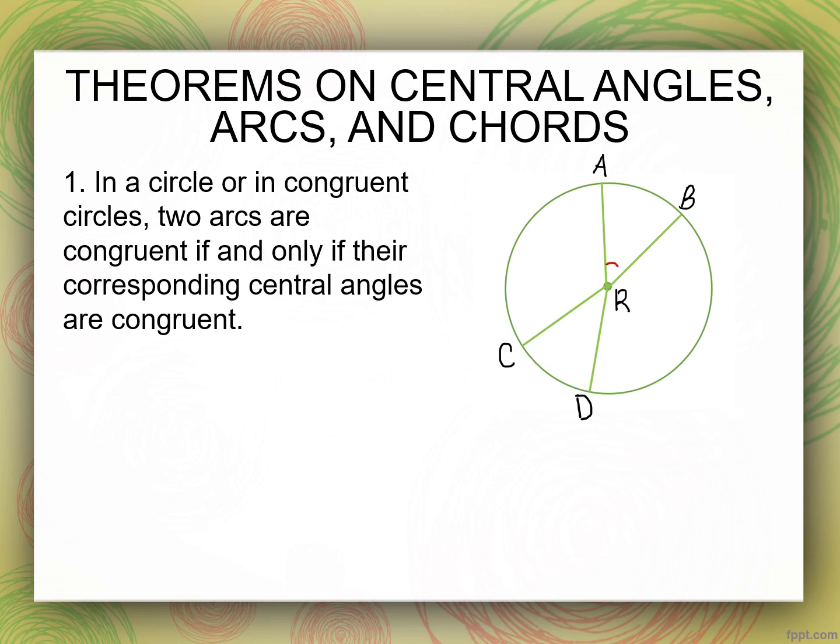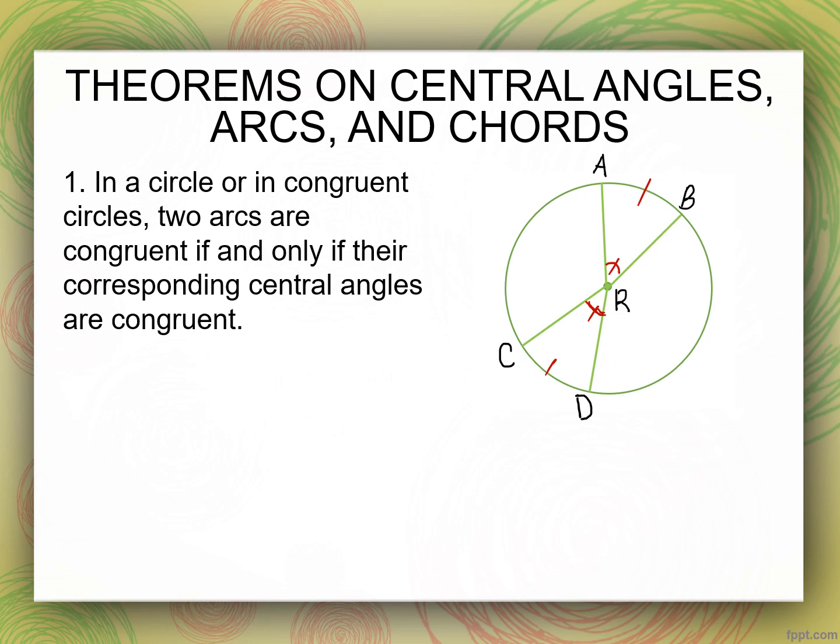So angle ARB and angle CRD. Okay. So if these two angles are congruent, we can also say that the corresponding arcs to it, which are arcs AB and CD, are also congruent.